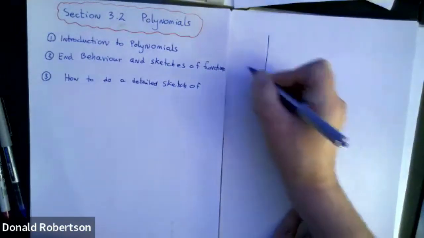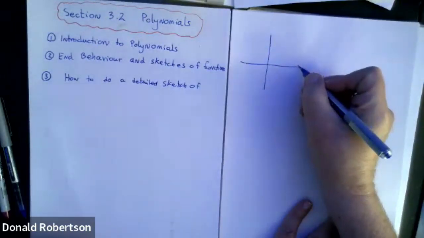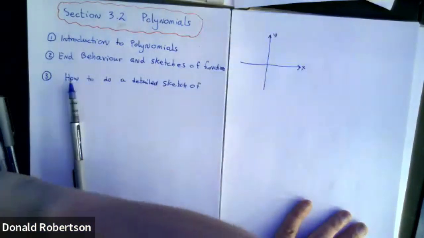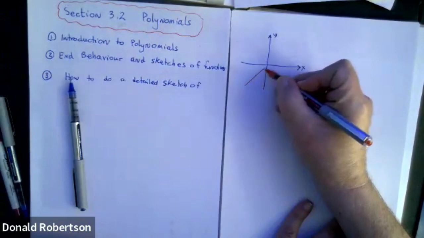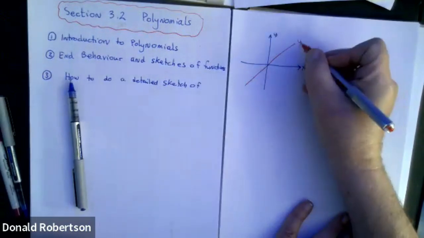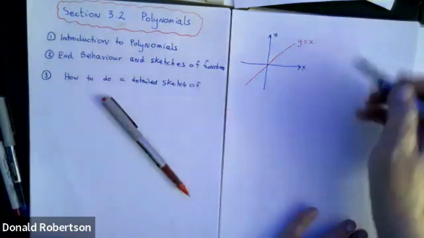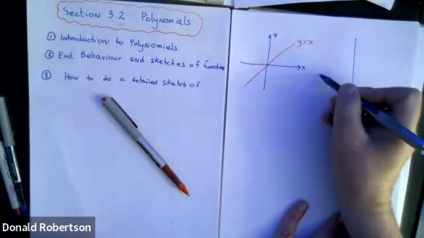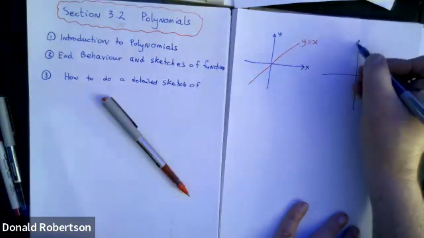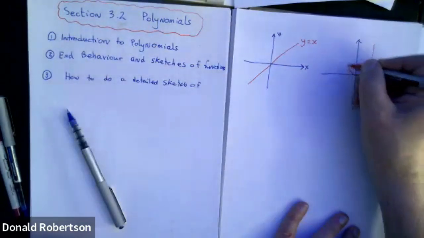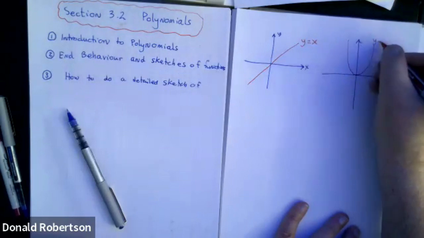Well, the basic building block polynomials, you could have a guy like y equals x. You could move up, and the next guy you would get was a guy that we've seen before.